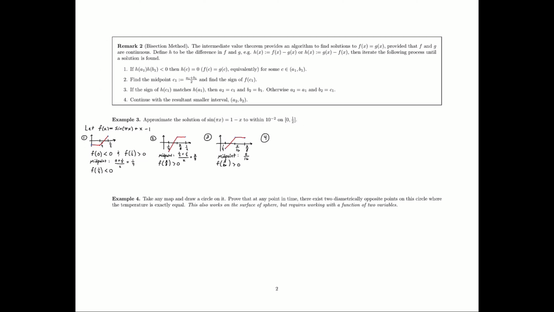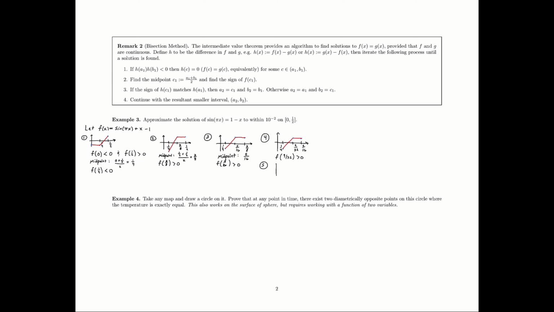Our next interval will be 1/4 to 5/16. I'll just say that our midpoint is 9/32. If we plug that into the function, f of 9/32, we see that it is yet again positive. So here we have negative, positive, positive. We see that our function must cross the x-axis somewhere between 1/4 and 9/32.